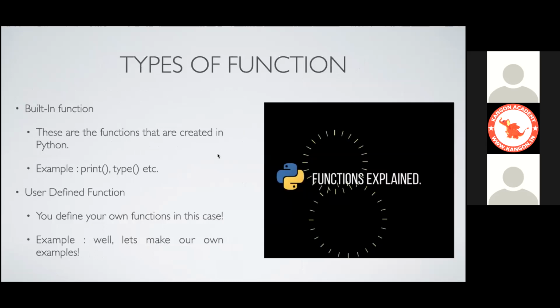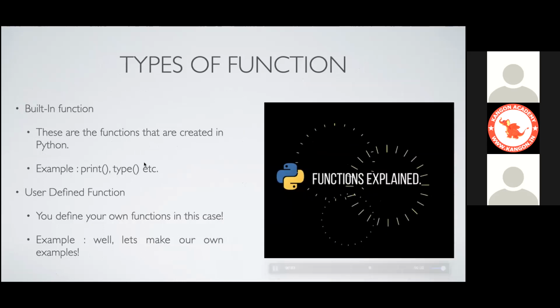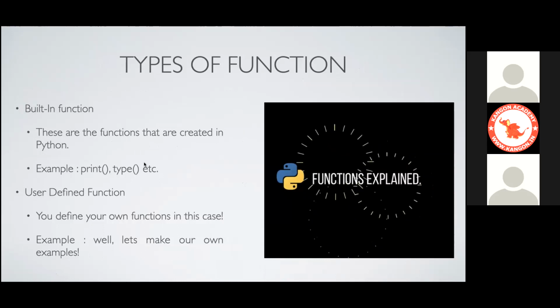Anyways, moving on. Types of functions. There are two different types of functions. The first one is built-in functions, and the second one is user-defined functions. Built-in functions are the functions that are created in Python.